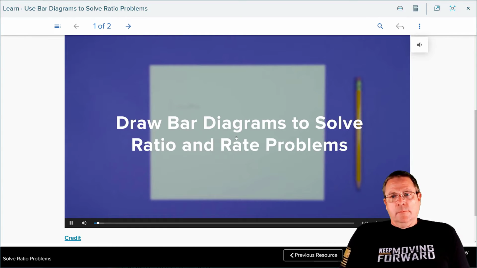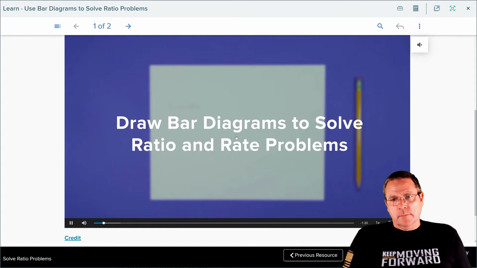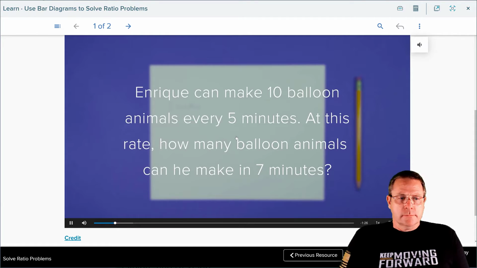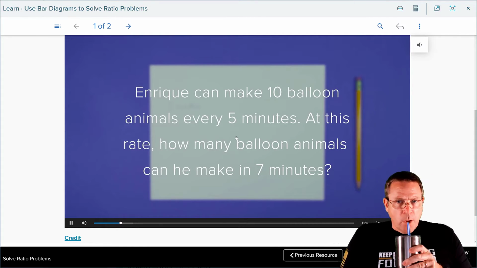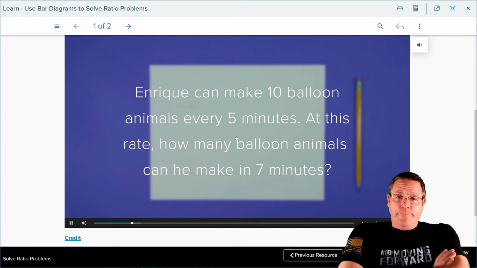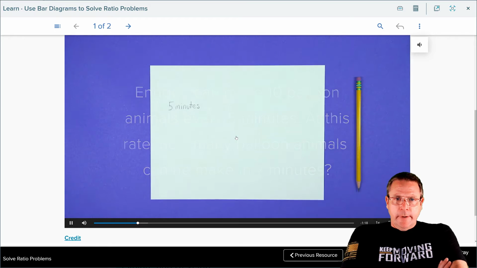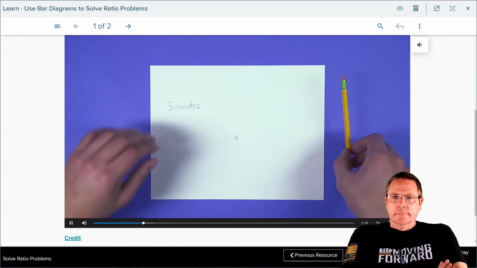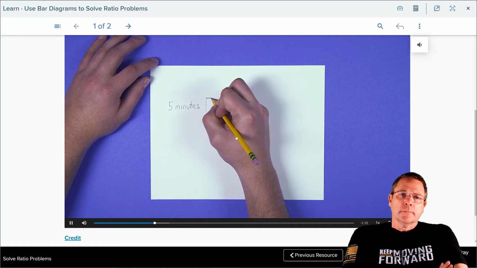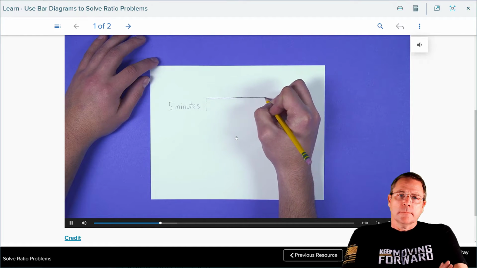Draw bar diagrams to solve ratio and rate problems. Enrique can make 10 balloon animals every 5 minutes. At this rate, how many balloon animals can he make in 7 minutes? Use a bar diagram to find the unit rate. Draw a bar to represent the time it takes Enrique to make 10 balloon animals.